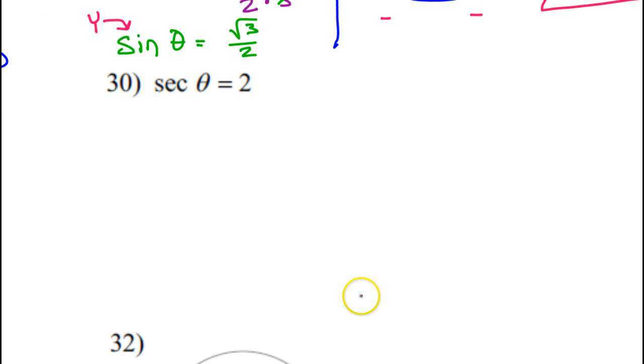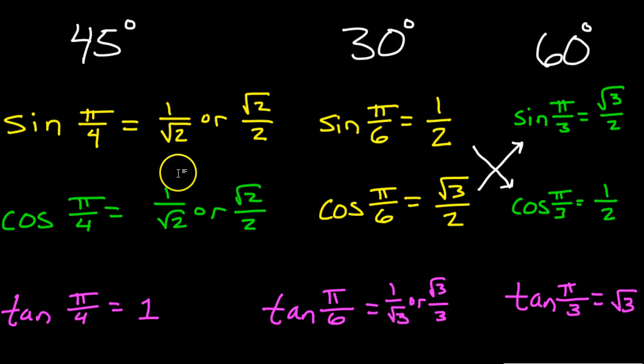All right, the secant of what angle is 2? Well, this is a reciprocal trig function, so the first thing we should do is convert this to a regular trig function. Secant is the reciprocal of the cosine function. So that means the cosine of theta must equal 1/2. So let's look at the values that we have basically memorized and look for the reference angle.